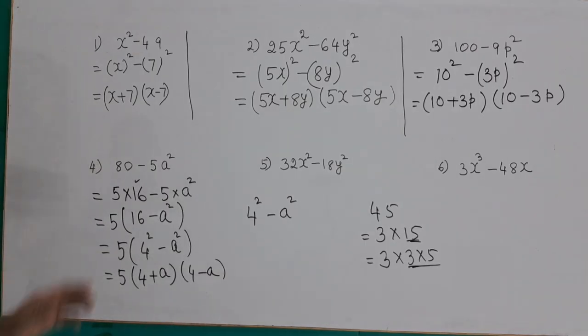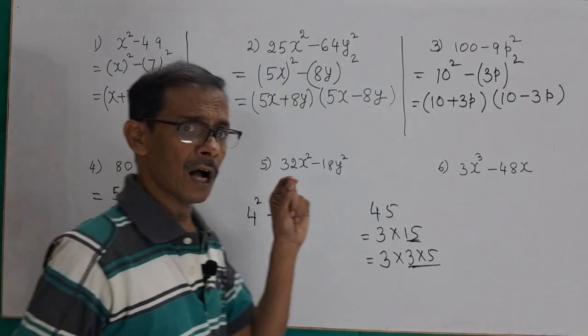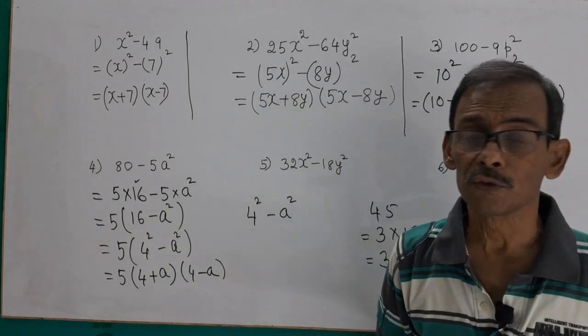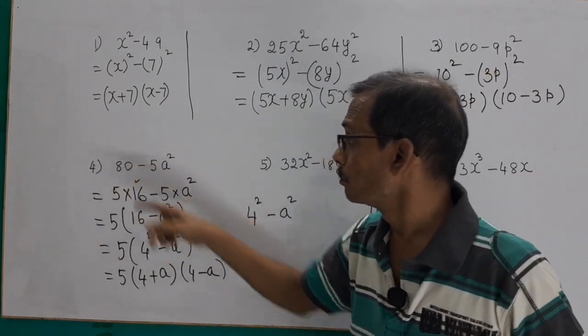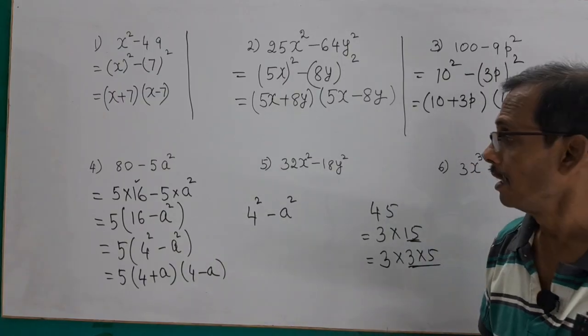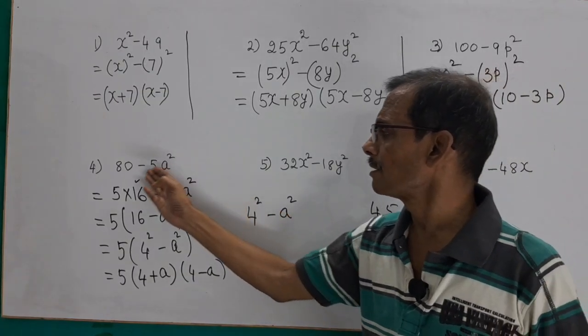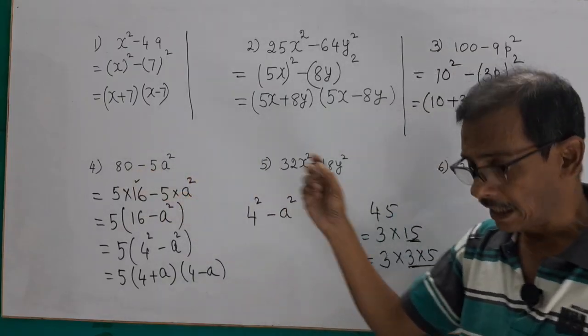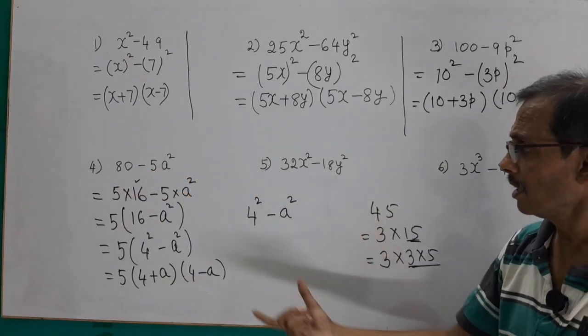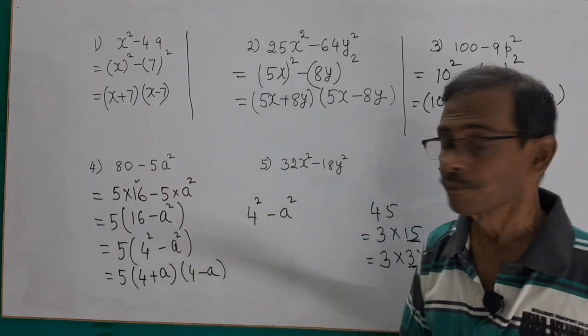See, this concept is very important, because when you are not finding anything written as a square number, what you notice is something common in both the terms. In 80 minus 5a square, here 5 was common.